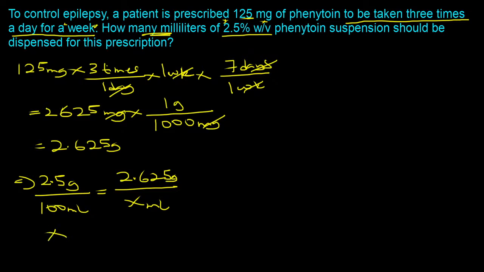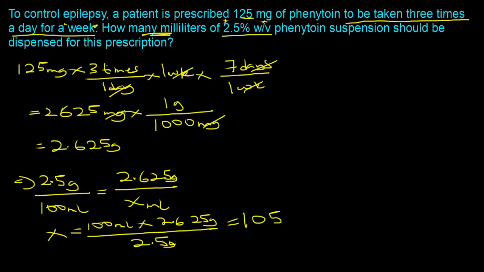X is equal to 100 milliliters times 2.625 grams divided by 2.5 grams. And that gives us 105 milliliters.